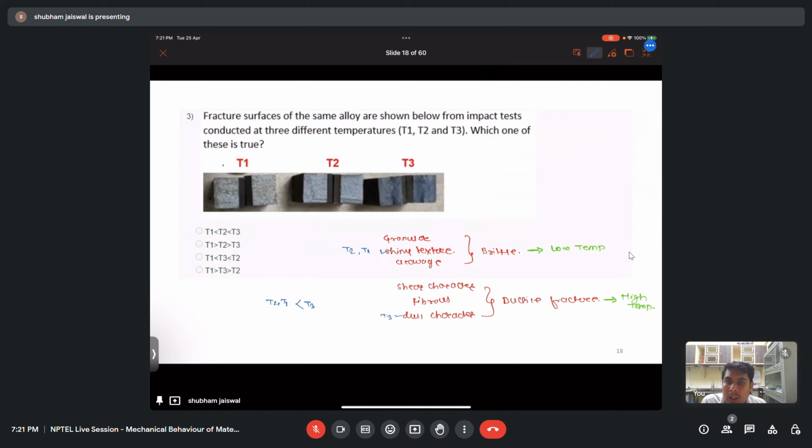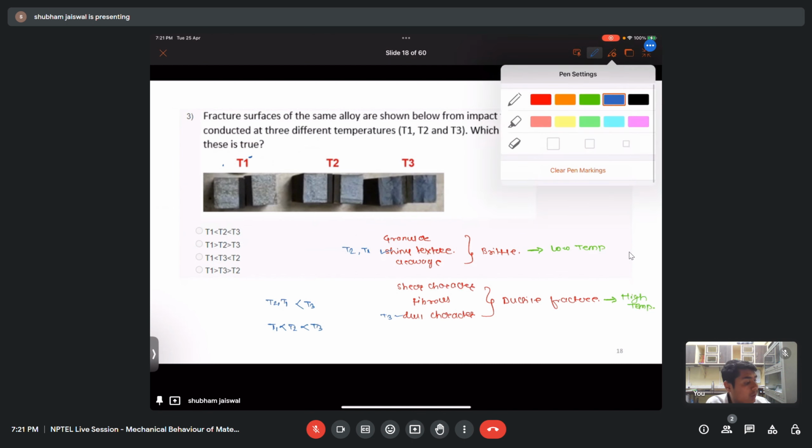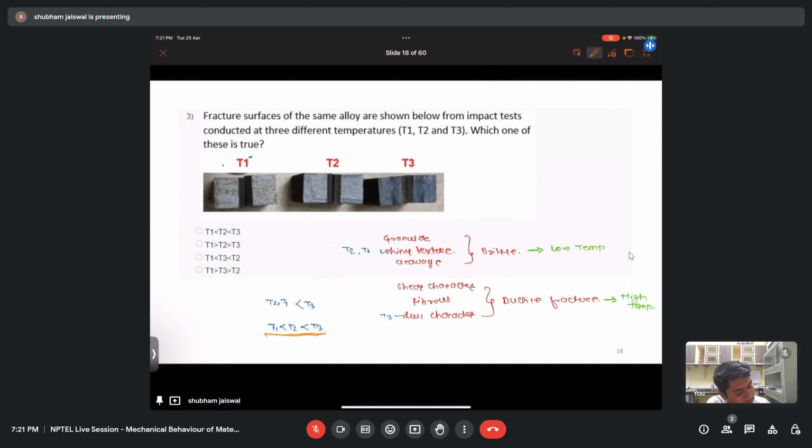Is it not? Yes. Now among this, T1 shows somewhat higher cleavage. So it means T1 should be less than T2 and it should be less than T3. So the only option that satisfies this condition is this one. So option 1 will be the correct answer to this question.